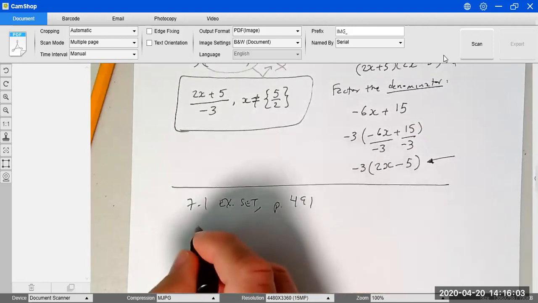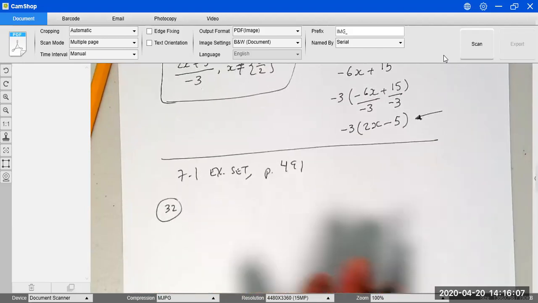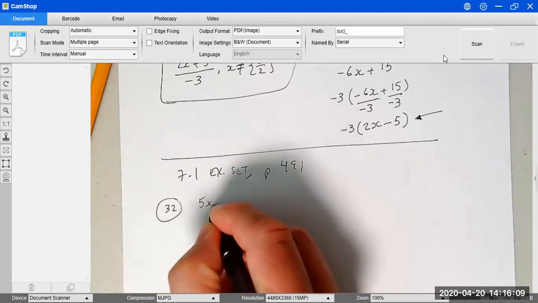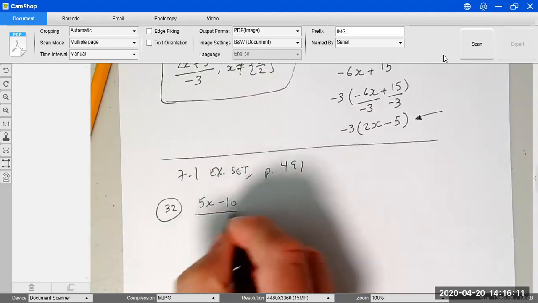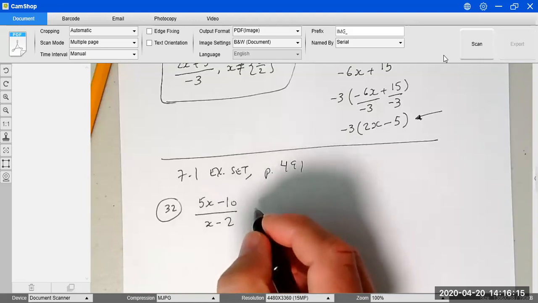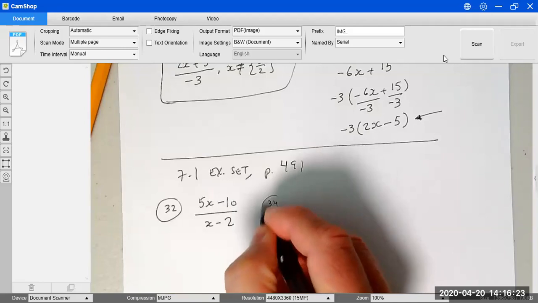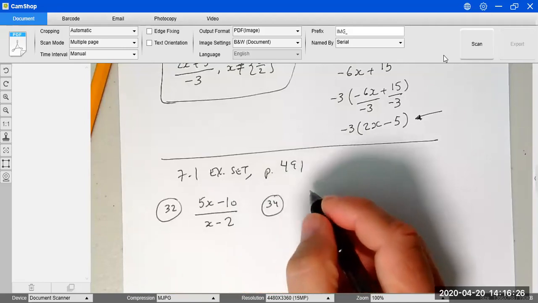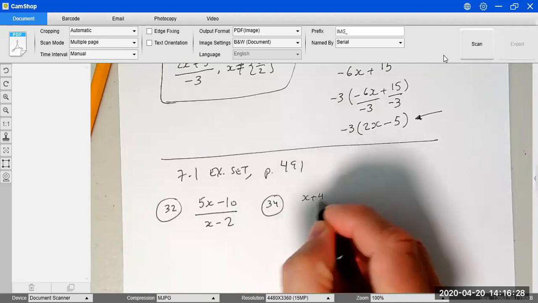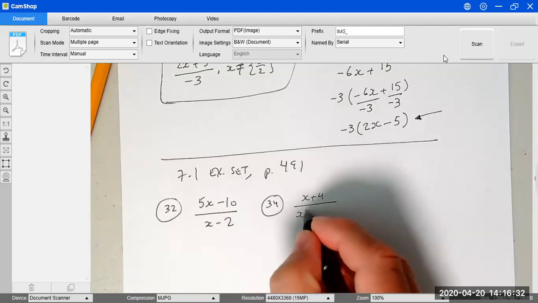You're going to solve problem 32, 5x minus 10 over x minus 2. Then you're going to solve problem 34. Problem 34 is x plus 4 over x squared minus 16.